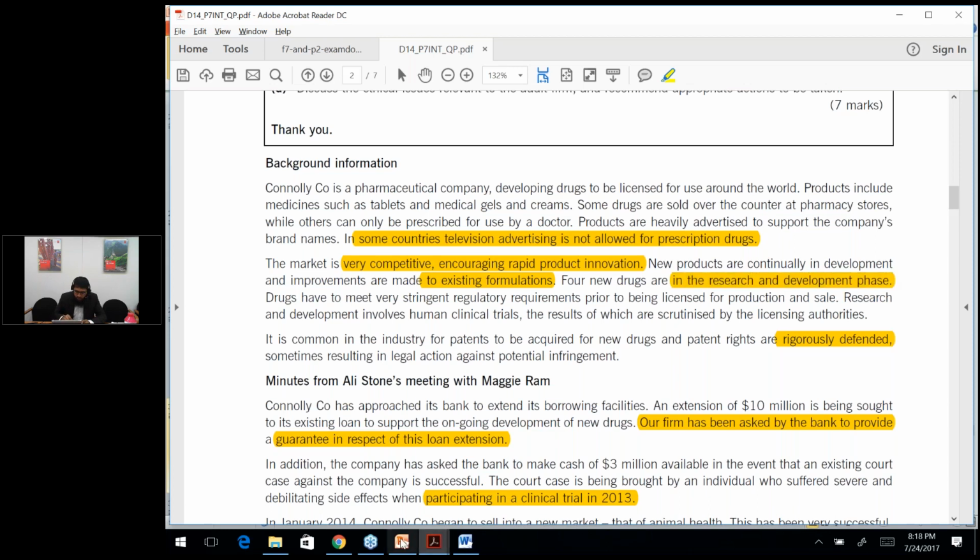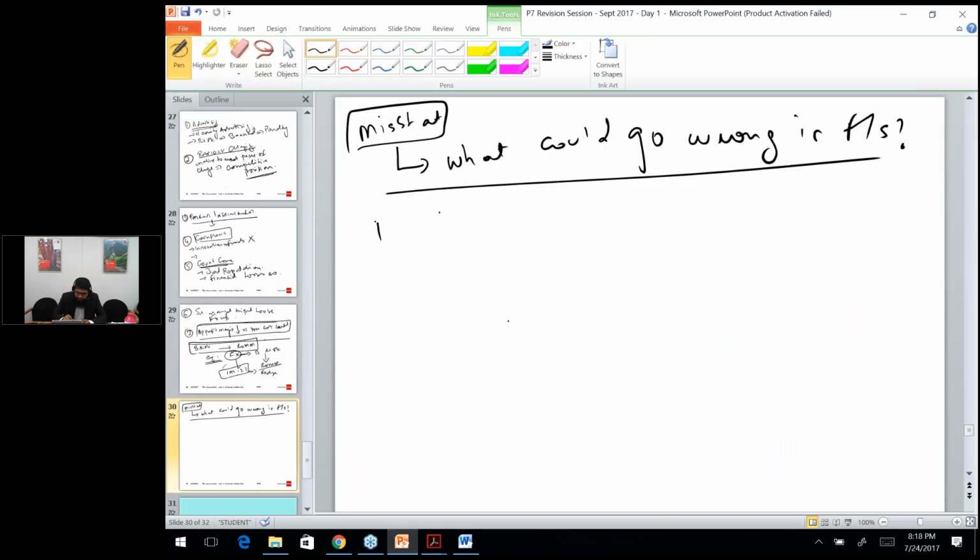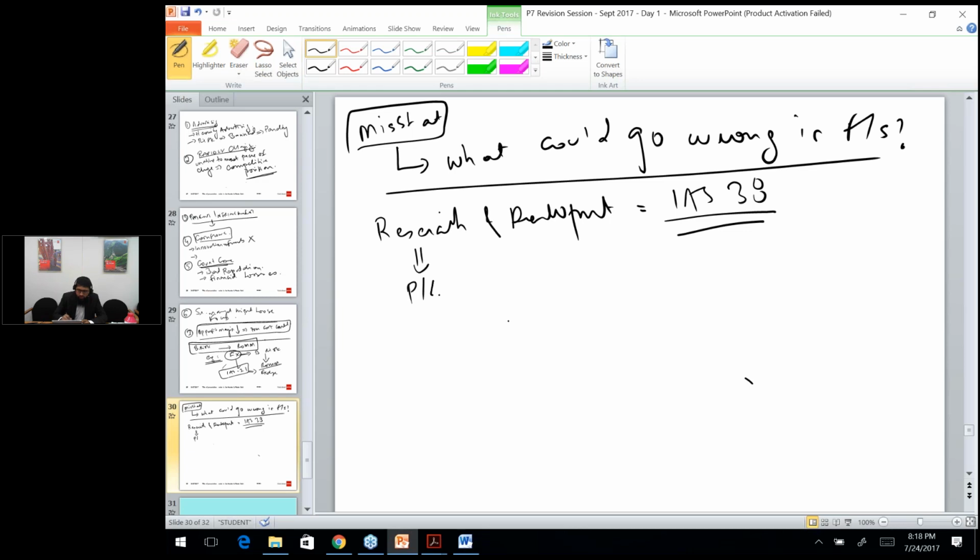Whenever the entity is having research and development, then IAS 38 comes into play. And what does IAS 38 say? IAS 38 says the research related costs should be charged to expense in the P&L, and the development related costs should be recognized as an asset. That's what IAS 38 says.